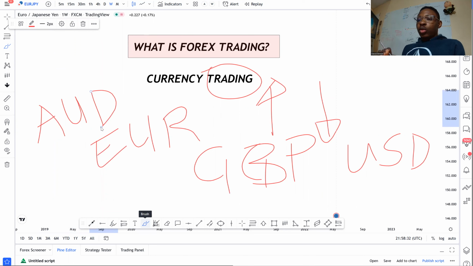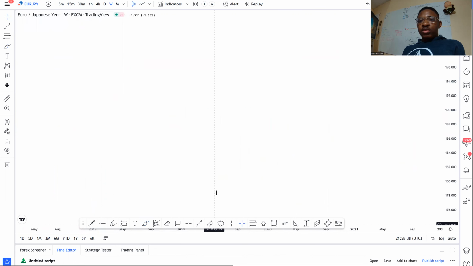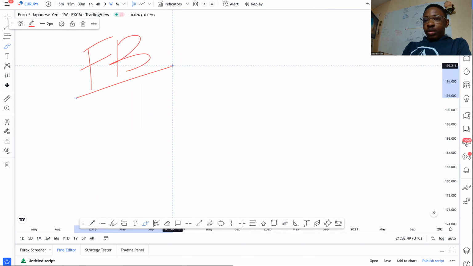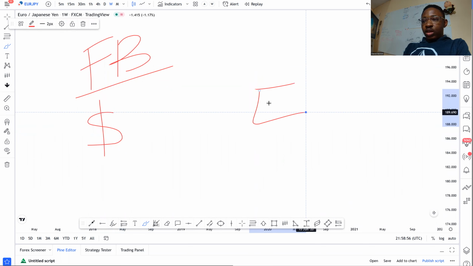When you're trading currencies, the closest example you can equate Forex trading to is the way the Forex Bureau works. I'll shorten Forex Bureau as FB. When you go to the Forex Bureau, what happens? You have a dollar, and let's say you want euros, right?